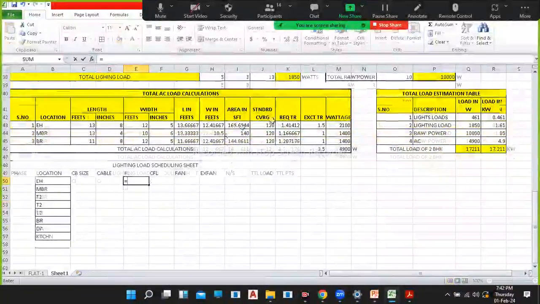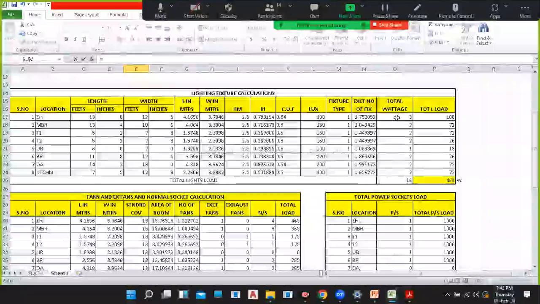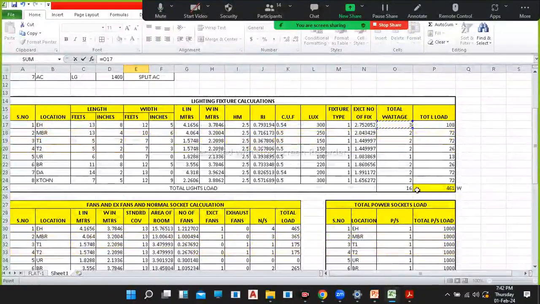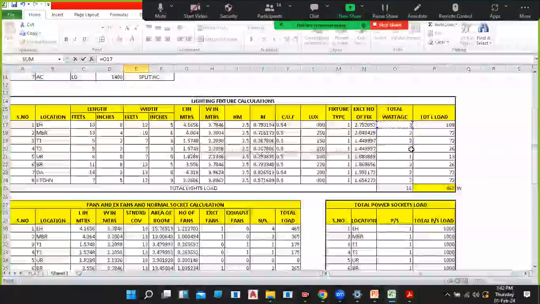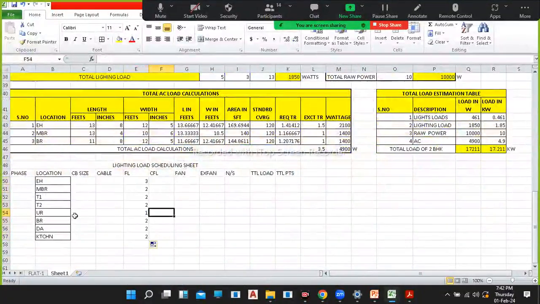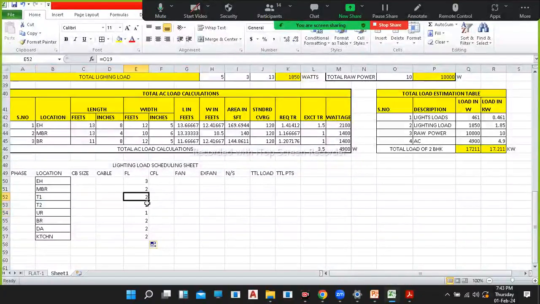Coming to the FL also, is equal to, you put there the total number of fixtures we have now, the exact fixtures. Then drag it up. Now in these 3 locations we have a CFL, so this should be copied from here and pasted here.